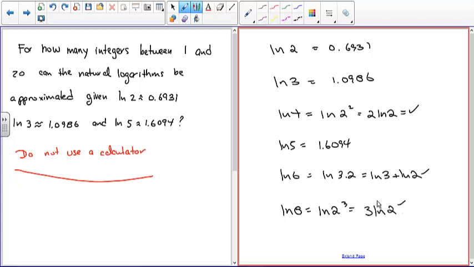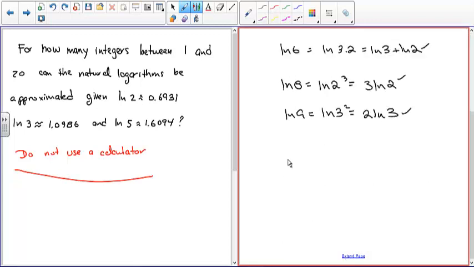So I know how to do that. The natural log of 9 is the natural log of 3 squared, which is 2 times the natural log of 3. So I can do that one. Natural log of 10 is going to be the natural log of 2 times 5, which is the natural log of 2 plus the natural log of 5. So I can do that one.